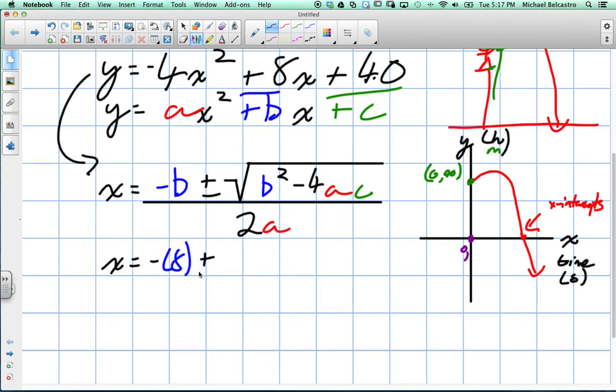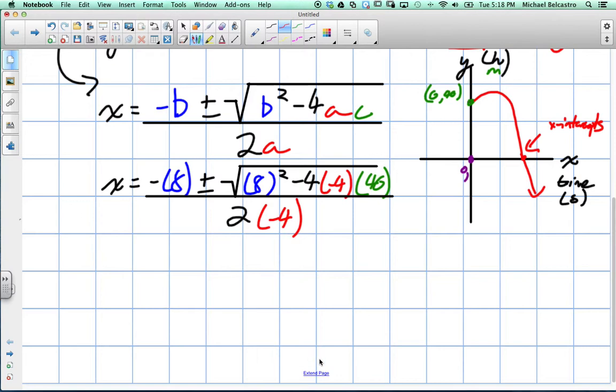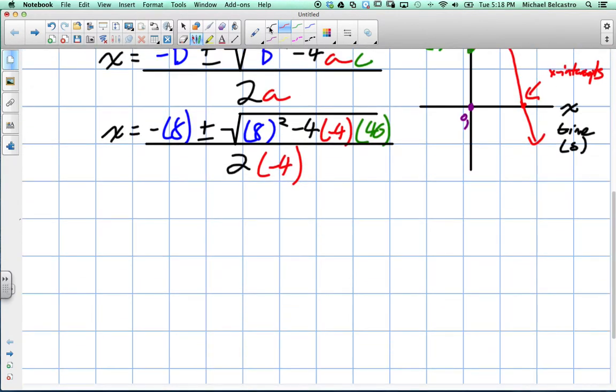Plus or minus the square root of 8 squared, minus 4 multiplied by a, which is negative 4, and c, which is 40, all divided by 2 times a, that is 2 times negative 4. You might want to get a calculator out so we can work through this together. I'm going to simplify a few of these. This becomes negative 8 plus or minus the root of 8 squared, which is 64.